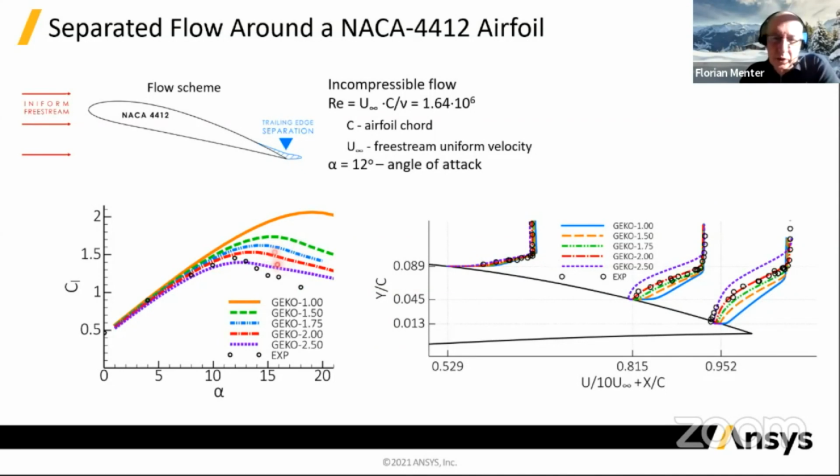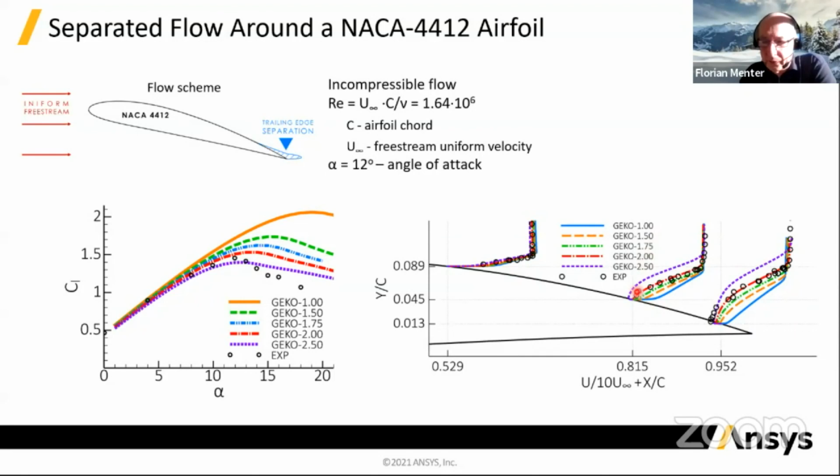The main effect, and what most people use these coefficients for, is separation control. So here you have an airfoil at different angles of attack. And if you look at the 12-degree angle of attack at the trailing edge region of the airfoil, we can get a large variation of solutions by changing the GEKO CSEP coefficient. So if we have 1, we get something like a K-epsilon behavior.